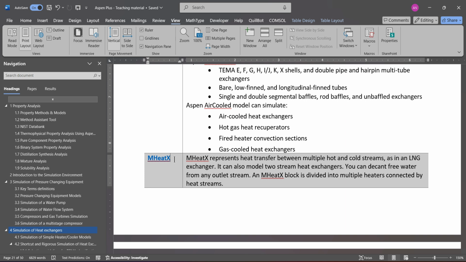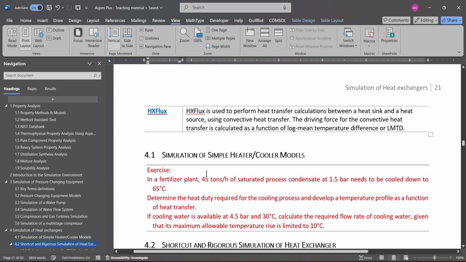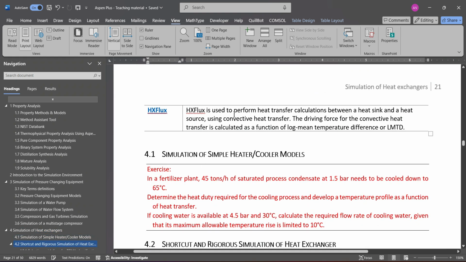In those sorts of applications, we can even introduce three streams, and this model is capable of simulating three streams inside a single large block, or you can call it a heat exchanger. We won't be using this multi heat exchange model for this session. Then there is another block for simple heat transfer calculations. We won't be getting into this block as well.